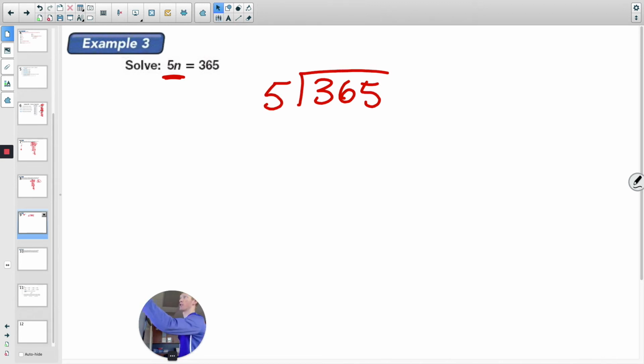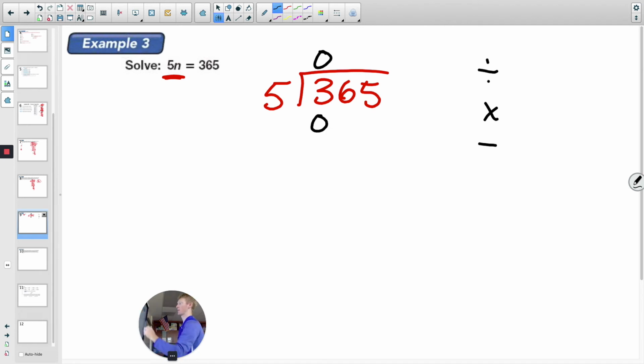So I do my division algorithm, divide. Multiply, 5 times 0 is 0. Subtract, 3 minus 0 is 3, bring it down, bring it back, divide, 36 divided by 5, you can do 7 this time. Multiply, 5 times 7 is 35.